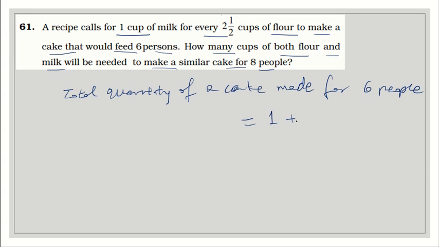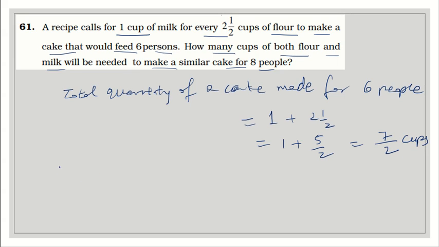It is 1 plus 2.5 cup, which is nothing but 1 plus 5/2, where you know how to do addition. 1 plus 5/2 is 7/2 cups. This 7/2 cups for 6 people. Okay.